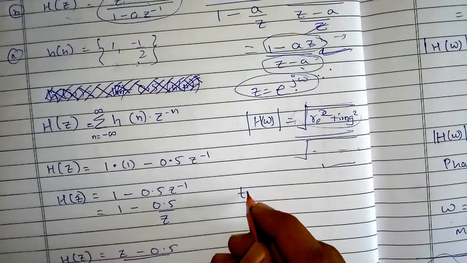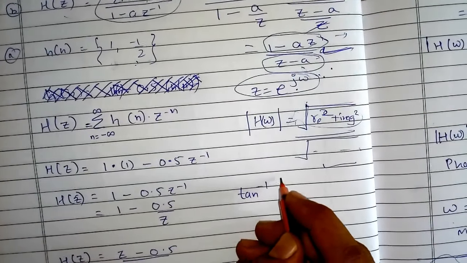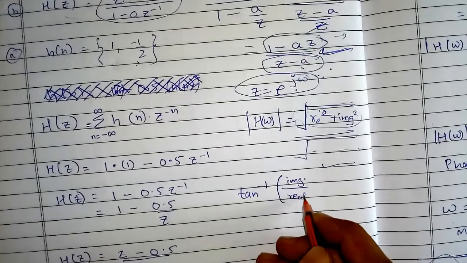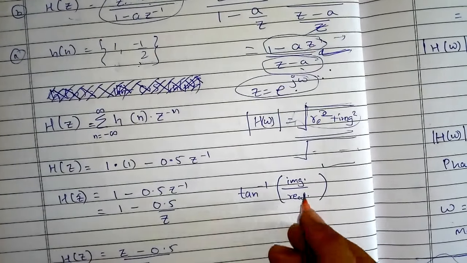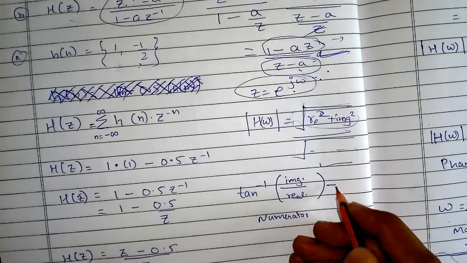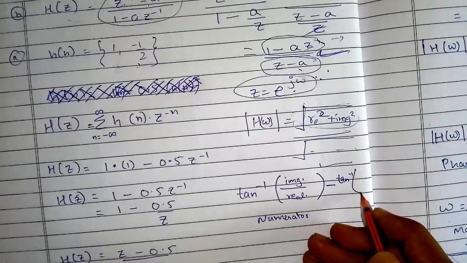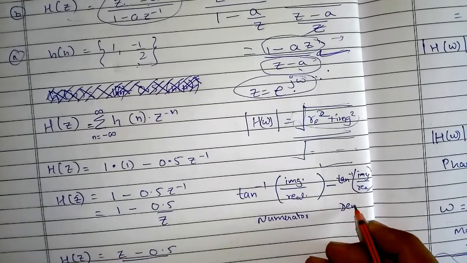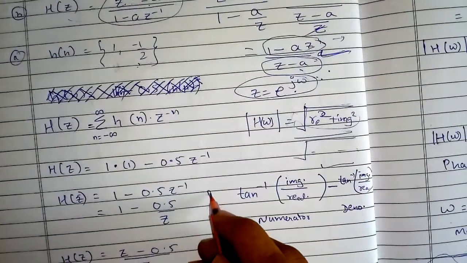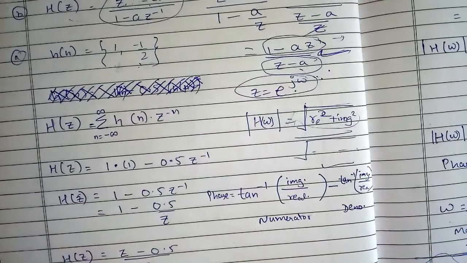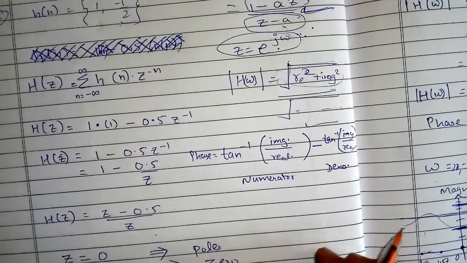So first solve for the numerator. That will be tan inverse of imaginary part upon real part. This is for the numerator, then minus tan inverse of, again, imaginary upon real for the denominator. That will give you the phase.